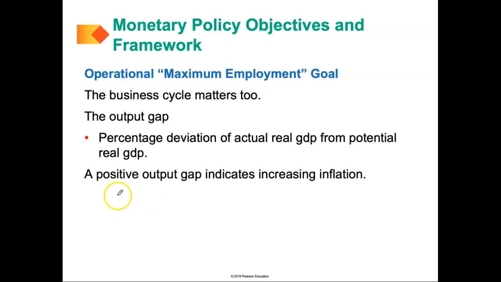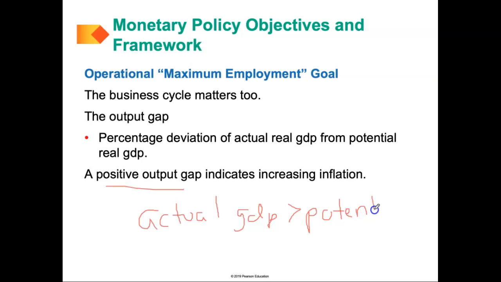Now, if you have a positive output gap, it means that actual GDP is greater than potential GDP. And generally, it means you have an inflationary gap. When actual GDP is higher than potential GDP, it means that the country is overproducing and the economy is steaming up, and it generally leads to an increase in the price level.